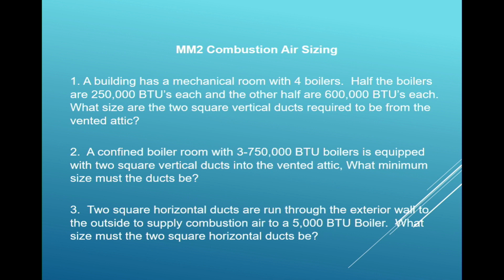A building has a mechanical room with 4 boilers. Half of the boilers are 250,000 BTUs each. The other half are 600,000 BTUs each. What size are the 2 square vertical ducts required to be from the vented attic? So do you agree right there? I don't know the size of the room, so I can't figure out if I've got my 50 cubic foot per thousand. So I got to go into sizing it. Am I an indoor or an outdoor opening?